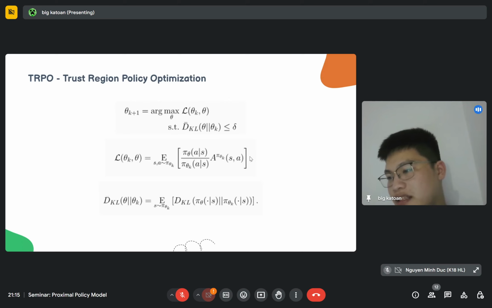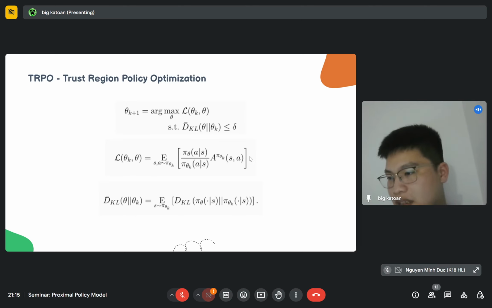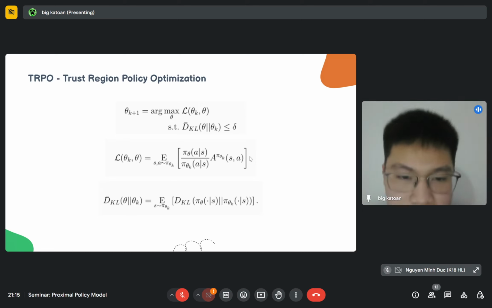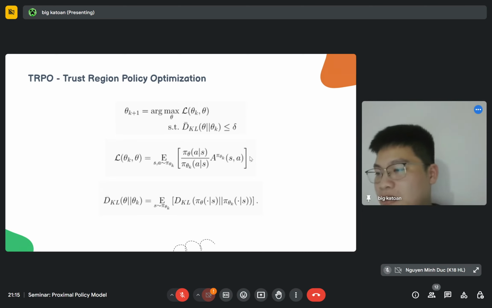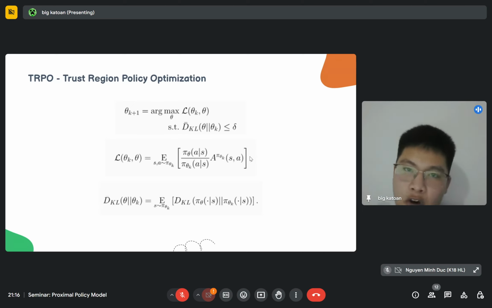So let's talk about L of theta k and theta. This is the expected value, where we denote p theta as the policy with the parameter theta. The part p theta divided by p theta k is the ratio between the new model and the old model.